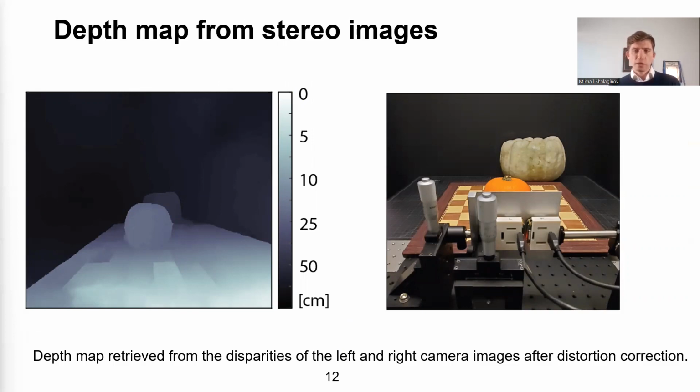This is shown on the left side. It's not ideal, but it captures well the spatial location of the two pumpkins. From this demo, our metalens-based setup allows depth sensing in the distance range of a few centimeters up to a meter.